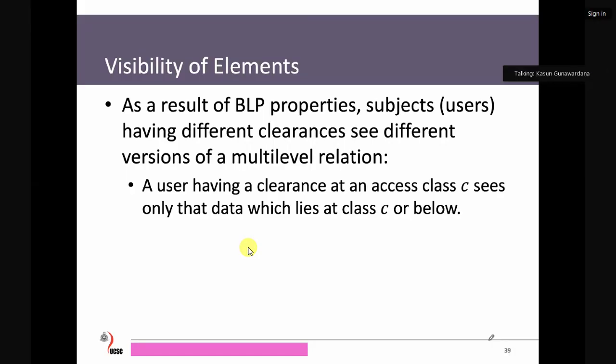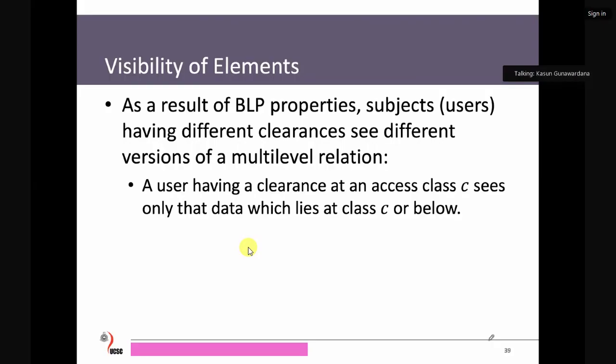As a result of BLP properties, subjects, or in a more familiar way, users, having different clearances, see different versions of a multi-level relation. That is what I said.